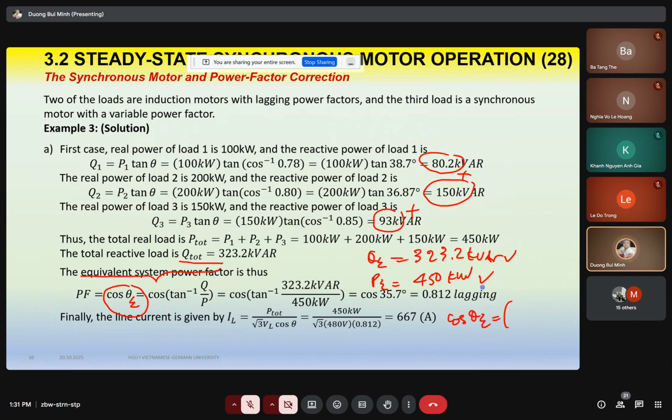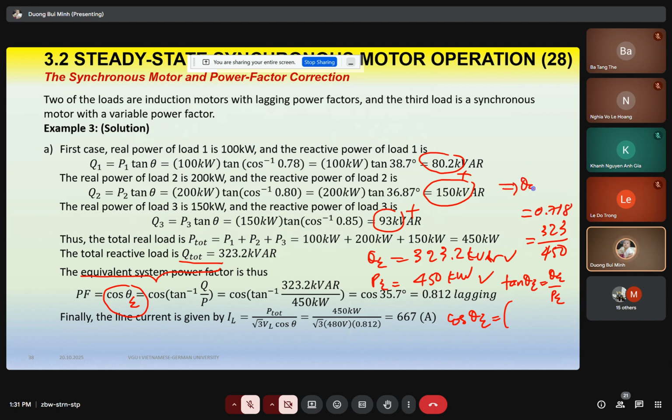So maybe we calculate tan theta. Tan theta total is Q total over P total, and Q total is 323 over 450. So we can get 0.718.